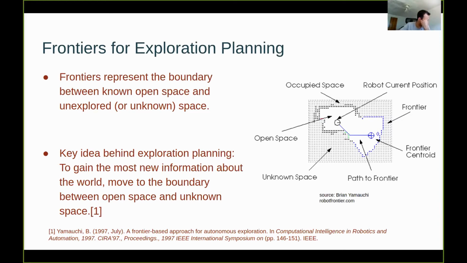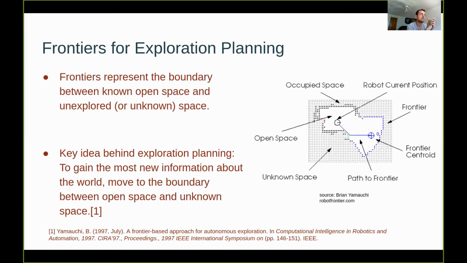So there are different ways in which you can define frontiers, actually. In my method, I assign occupied voxels as being frontiers, but you can also assign free voxels as being frontiers.